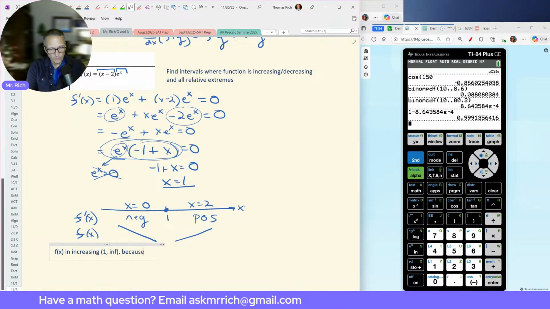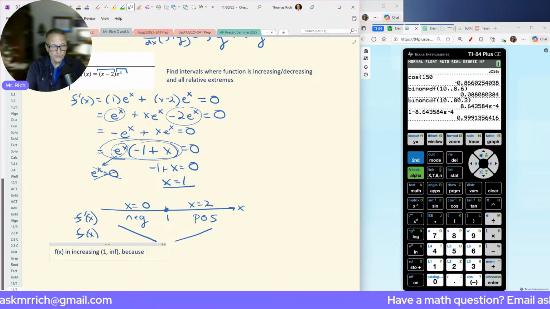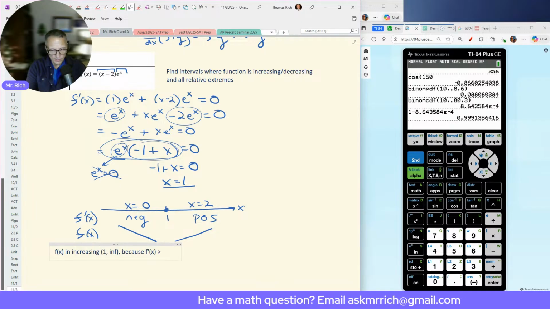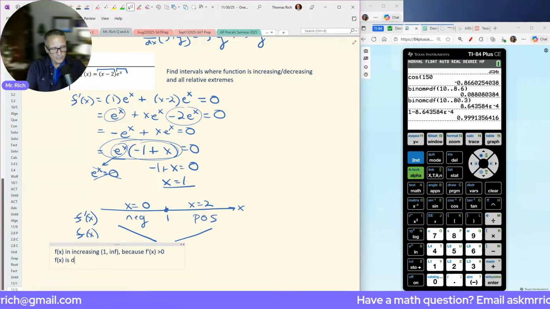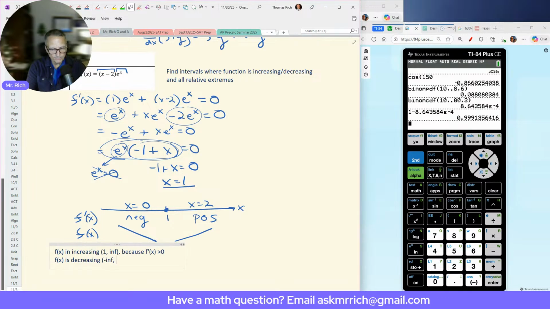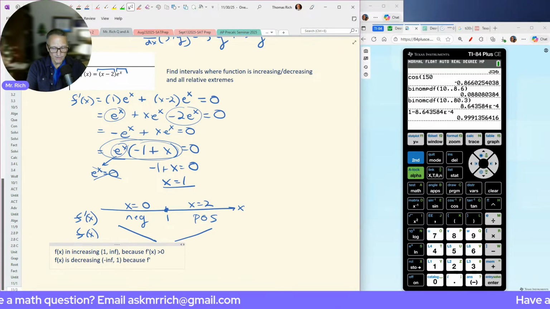And the reason for that, if I had to justify it, usually they will on a free response question ask you to justify it, because f prime of x is greater than 0. So wherever my derivative is positive, then I know that my function will be increasing. And then we can say that f of x is decreasing from negative infinity to 1. And that's because in that interval, f prime of x is going to be less than 0.